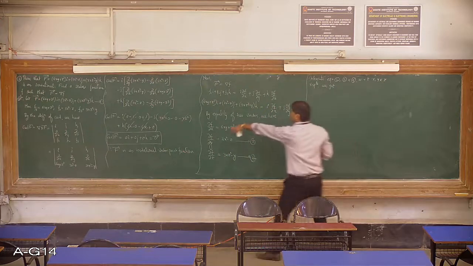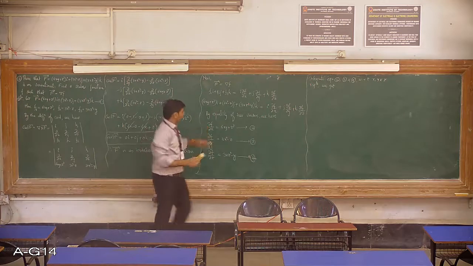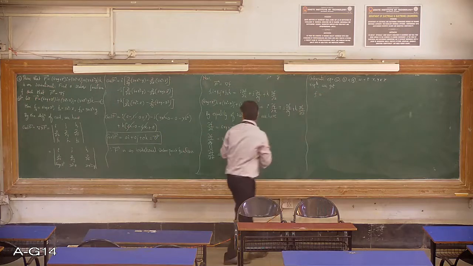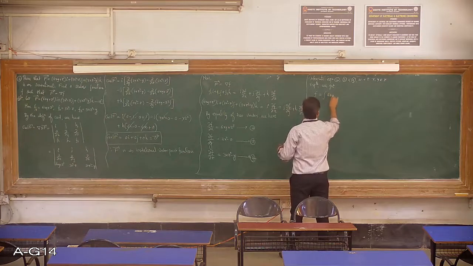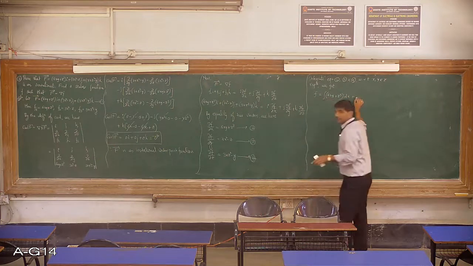Then we will get, with the integration sign, f is equal to the integration of 6xy plus z cube, with respect to x, that is dx, plus a constant.